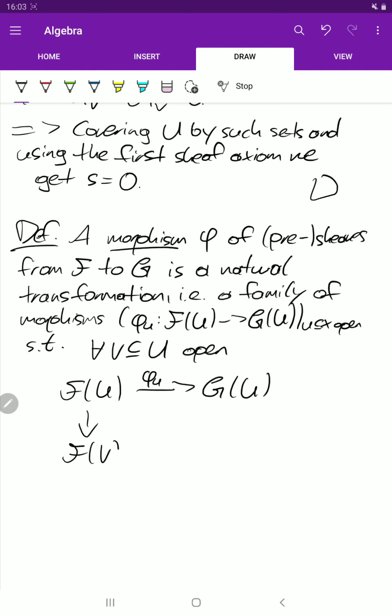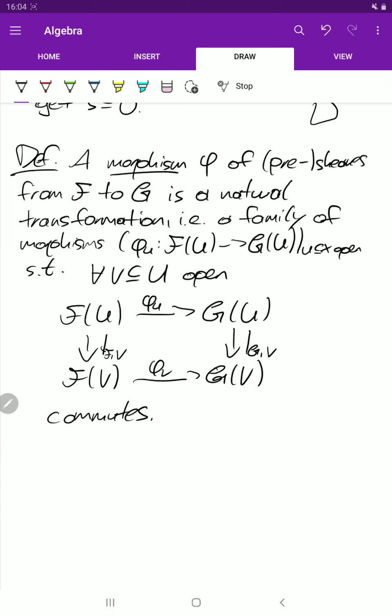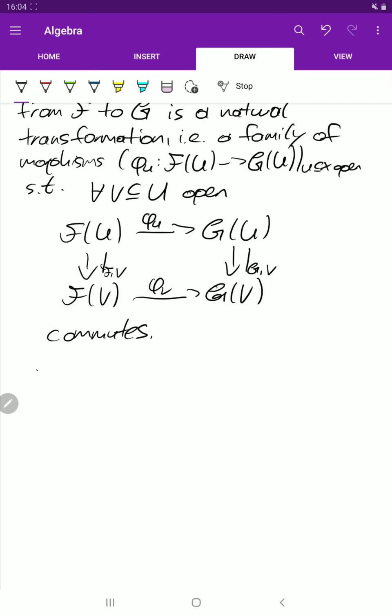Then we have here the restriction, let's call it restriction F comma V. Then we have phi_V to G of V, and then we have the restriction of G to V. So this commutes, and note that here we have, of course, different restrictions as we have different presheaves. Okay, so that's already the definition.